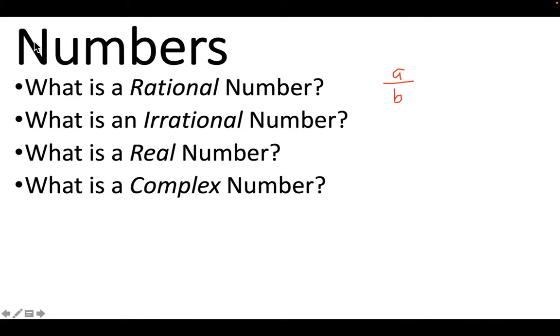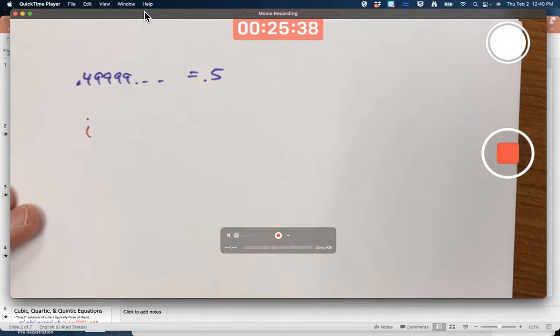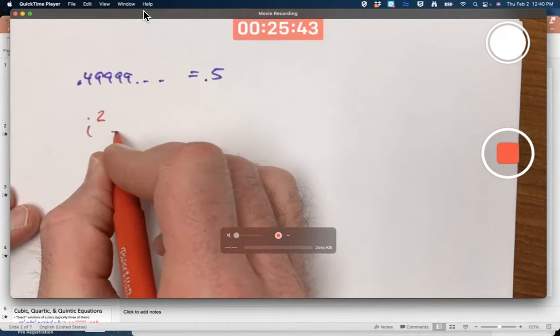What's a complex number? Maybe I should have said what's an imaginary number first. A number that's not a real number. Do such numbers exist? Yes, they do. Why? i, the imaginary unit, has the property that i squared equals -1.